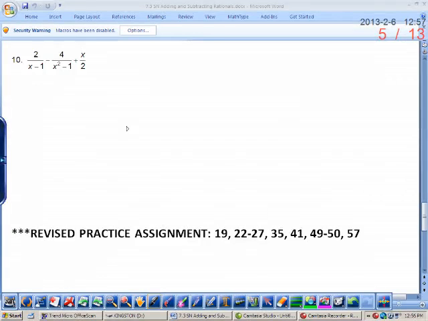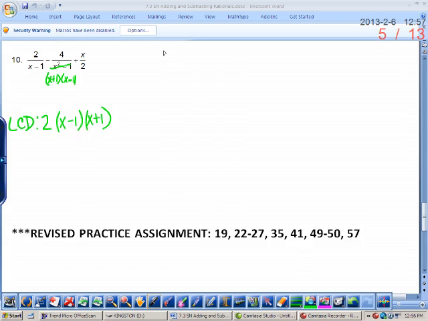Factor. Good. Factor x squared minus 1: x plus 1 times x minus 1. Everyone okay? All right, let's come up with our LCD. X plus 1, x minus 1 times 2. Okay, so we've got this 2. Then we've got x minus 1 and x plus 1. It's easy to forget that 2 over there off by itself.